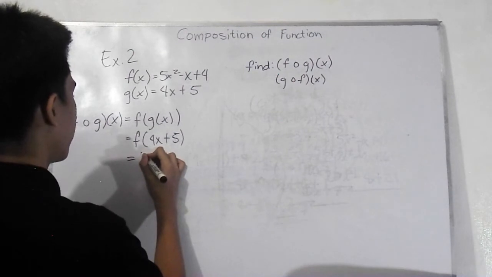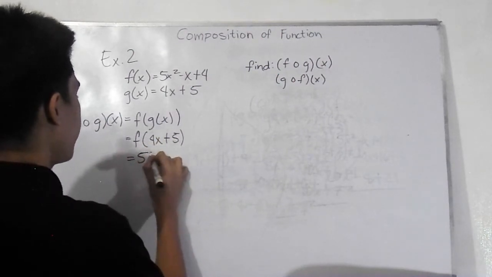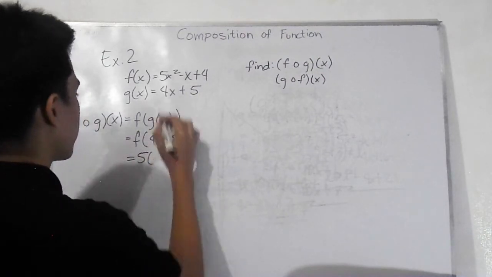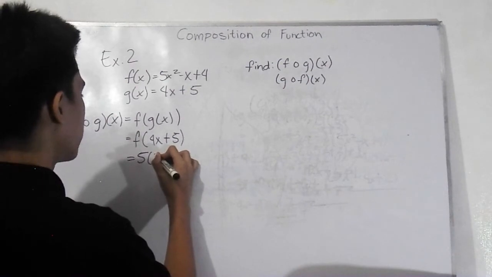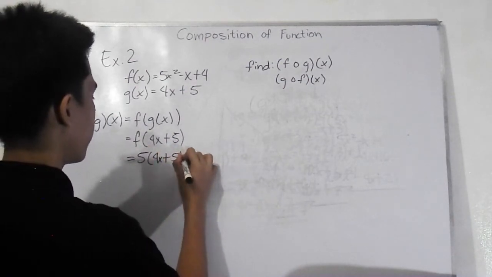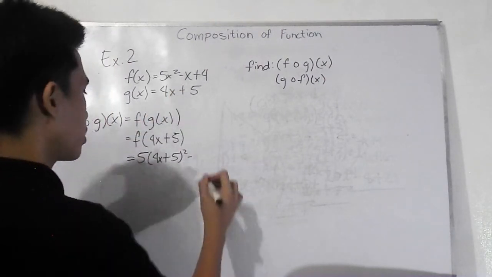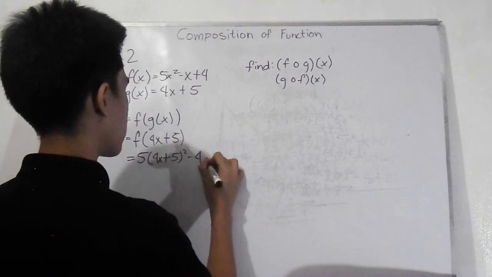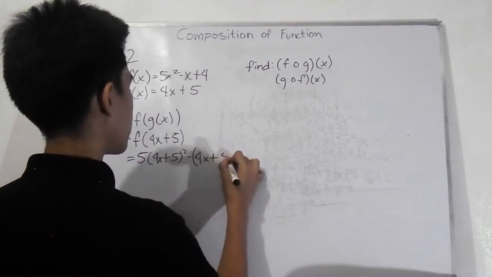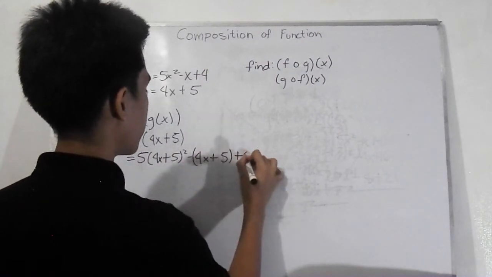So we have 5, substitute the value, 4x plus 5 squared minus, substitute 4x plus 5, copy positive 4.